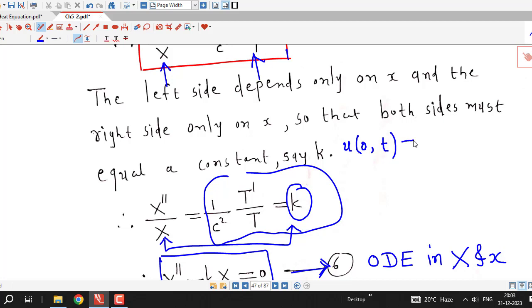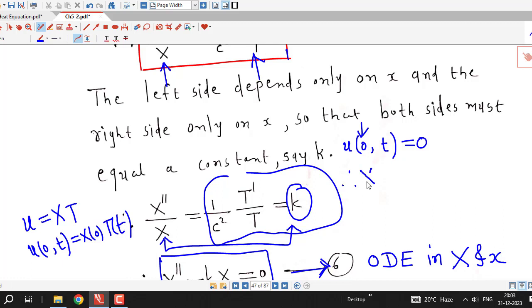u(0,t) equal to 0 and u(L,t) equal to 0. But what is u? u is assumed as X into T, and here we are taking small x equal to 0. Therefore, if I substitute, I find u(0,t) equal to X(0) into T(t). So we take small x equal to 0, and this is equal to 0.